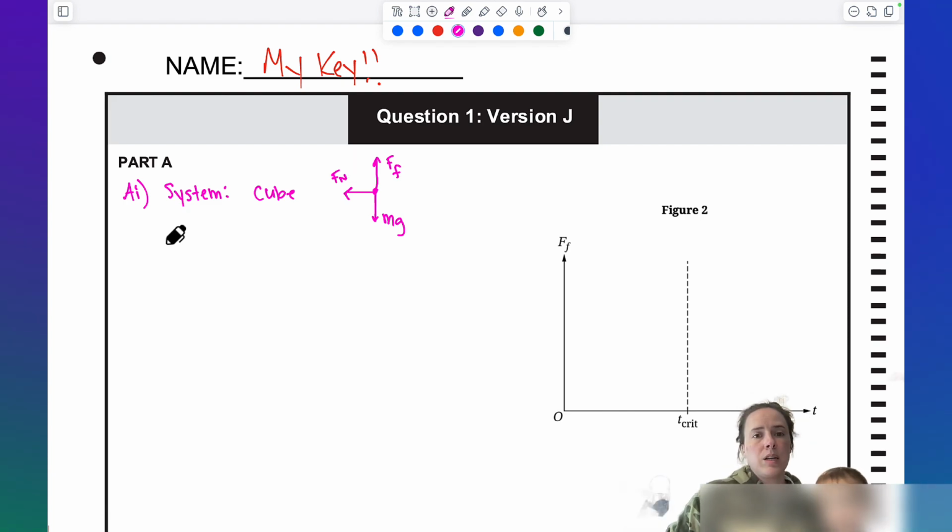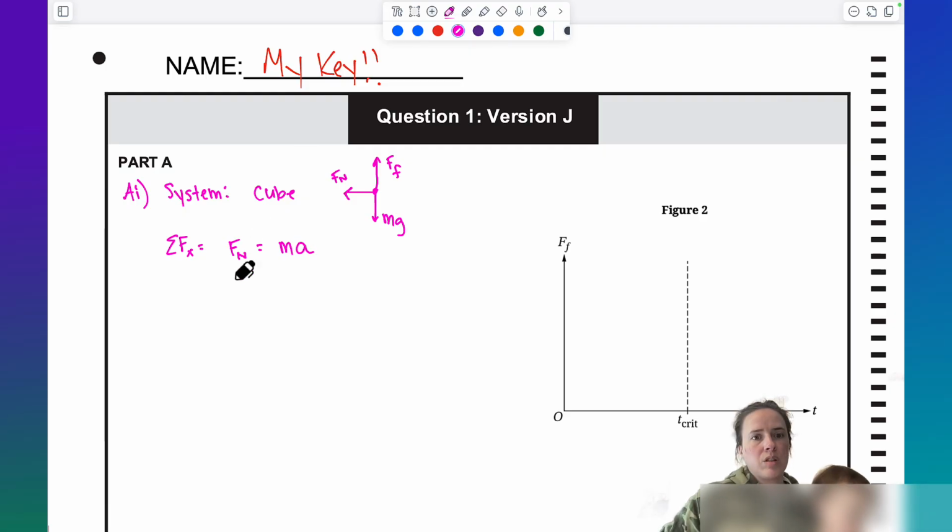All right, so this one is just wanting you to write Newton's second law. So sum of the forces in the horizontal direction for the cube. That's just going to be Fn to the left, so Fn is equal to ma.